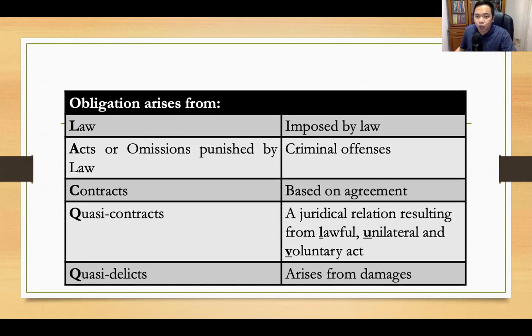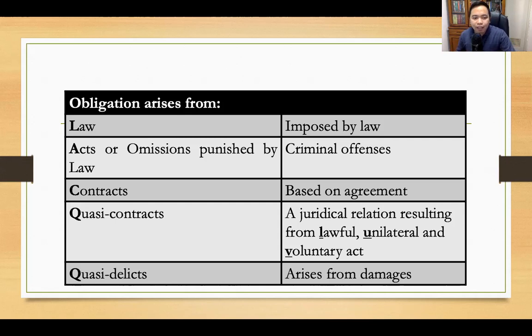So in a quasi-contract, class, there is no contract strictly speaking, but because of the LUV, lawful, unilateral, voluntary act, there is created an obligation.